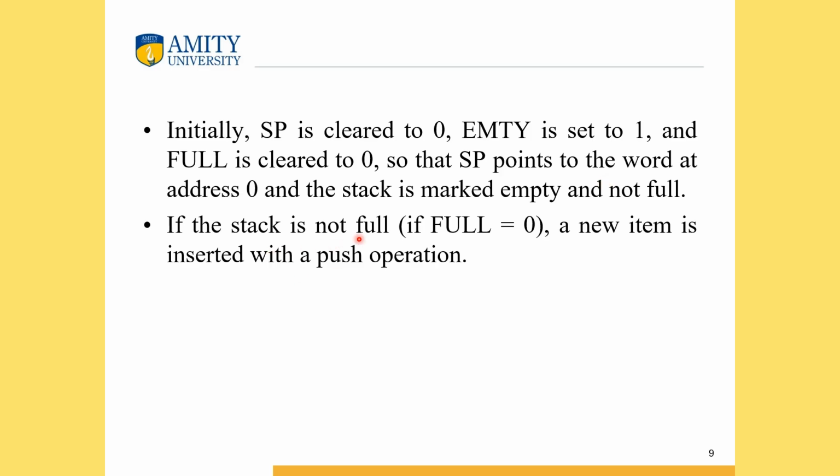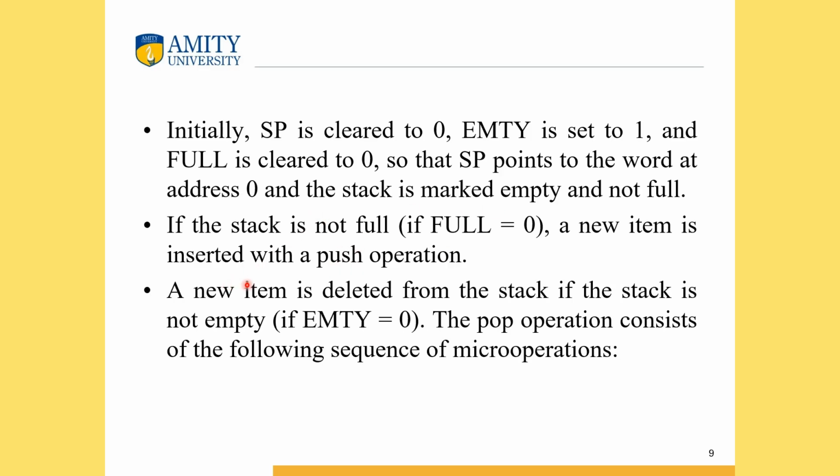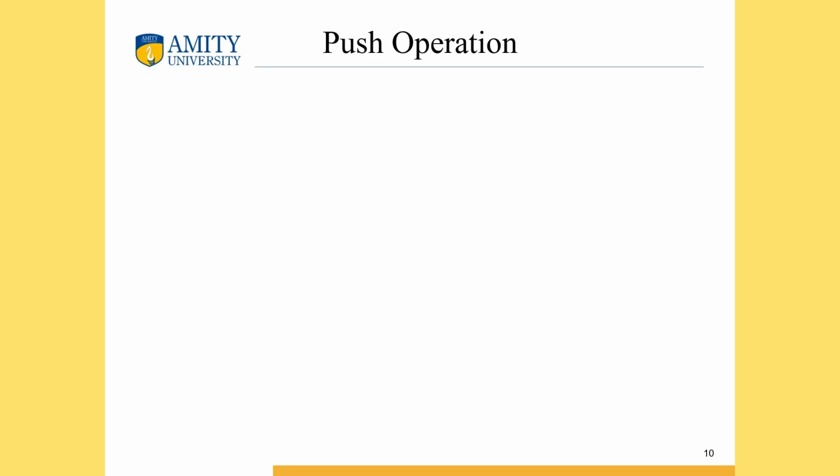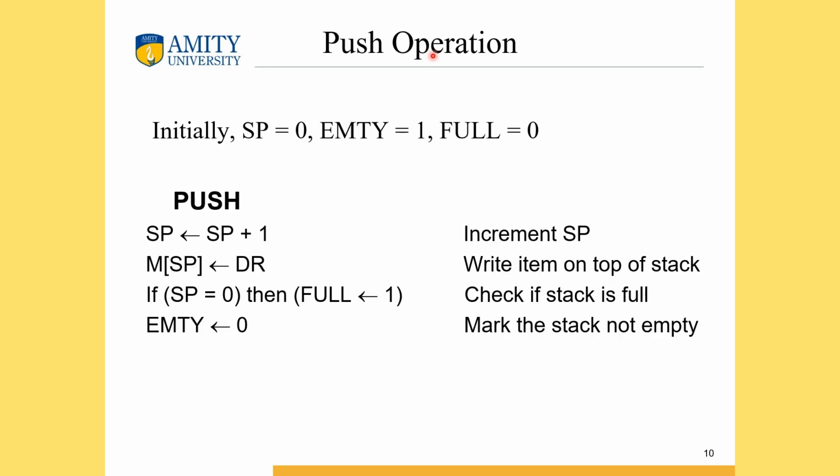If the stack is not full, if full equals 0, then a new item is inserted with the push operation. An item is deleted from the stack if the stack is not empty. So the pop operation consists of the following sequence. If we are to push, then initially the stack pointer is 0, empty is 1, that means the stack is empty, and full is 0, that means we do not have anything in the stack.